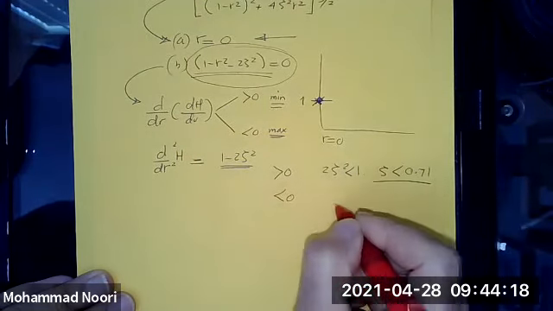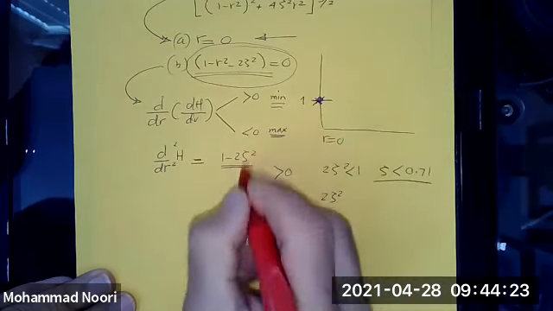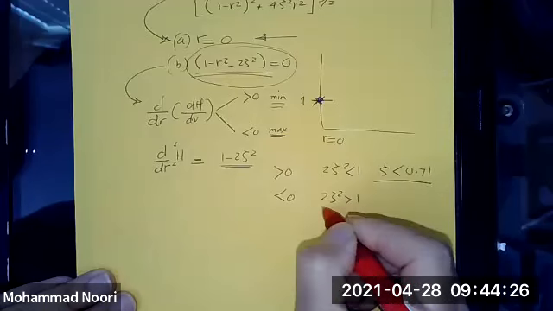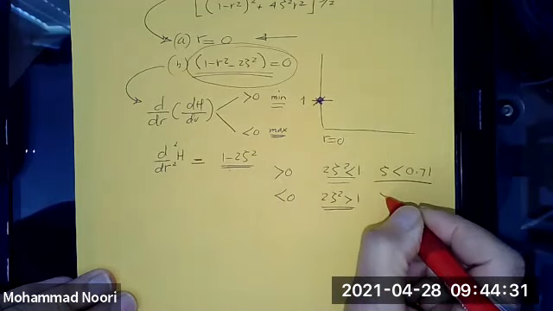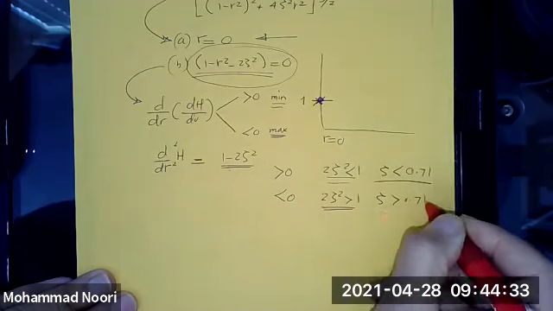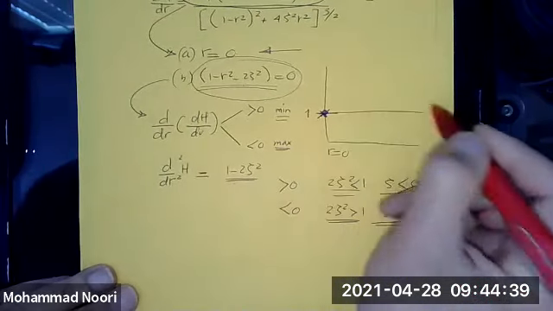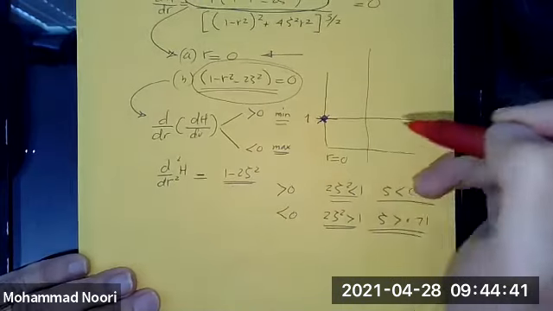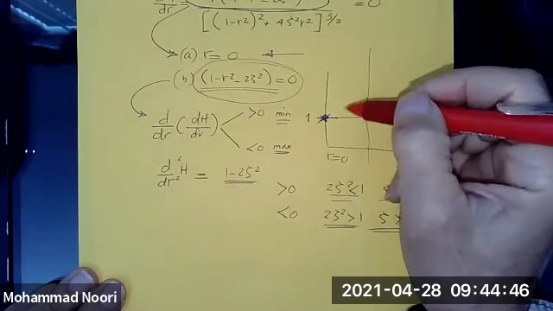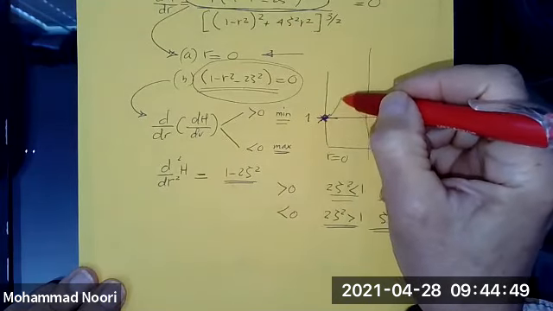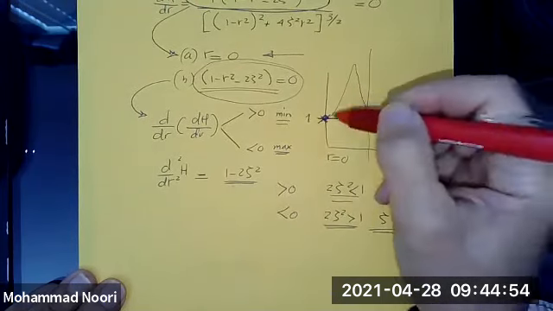It is going to be a minimum when this 2 zeta squared is greater than 1. That would be negative, right? That means zeta is greater than 0.71. So it is for that reason that, as I said, the maximum values will only occur when you have a damping ratio that is less than 0.71.